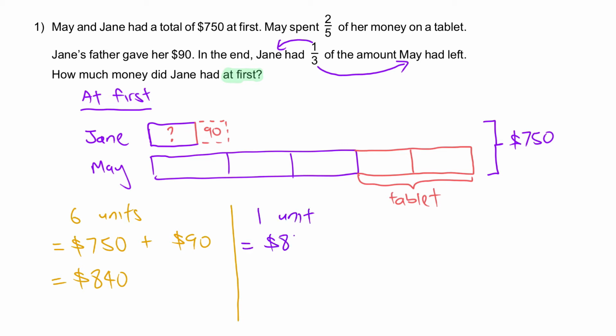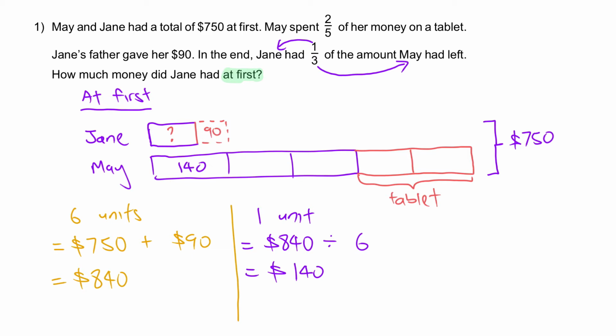After that, naturally, we find out 1 unit. 1 unit will be 840 divided by 6. You should get $140. And this whole thing is 140 per unit. Here is 140. So can we figure out how much Jane had at first? 140 minus the 90.